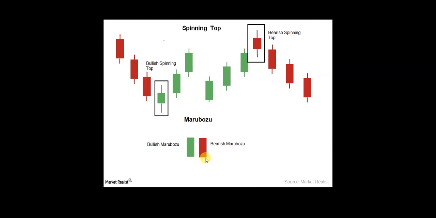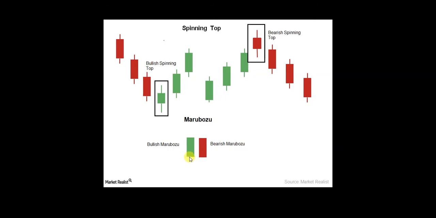But also in the Marubozu candlestick, it is good to know that for bullish candles the low price is the same as the open and the high is the same as the close, since it doesn't have any shadows.